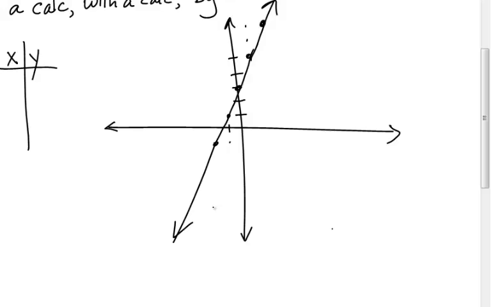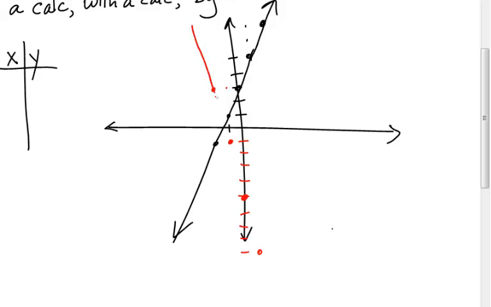Okay with that one? Okay, and then the other one, it goes through at negative 5, so go down 5, and then the slope is negative 4. So you can go down 4 and to the right 1, or you can go up 4 and to the left 1.